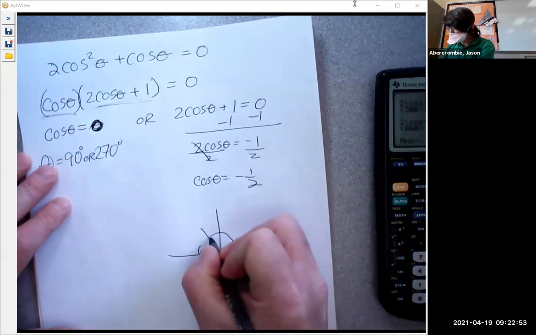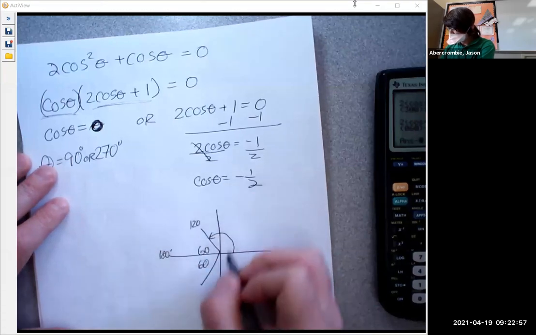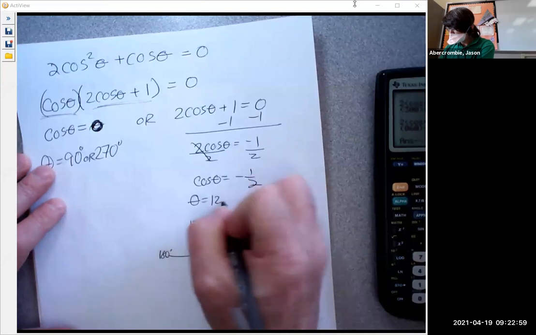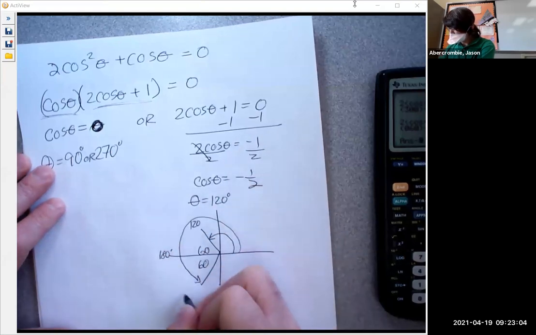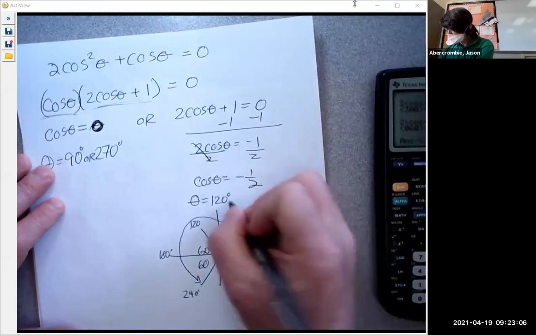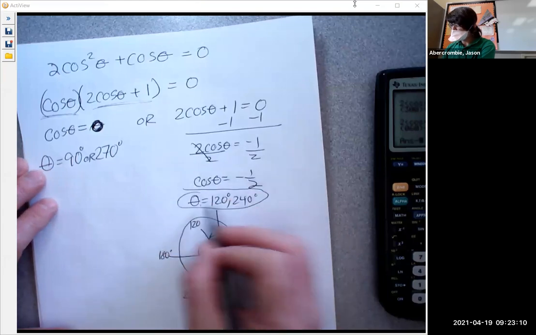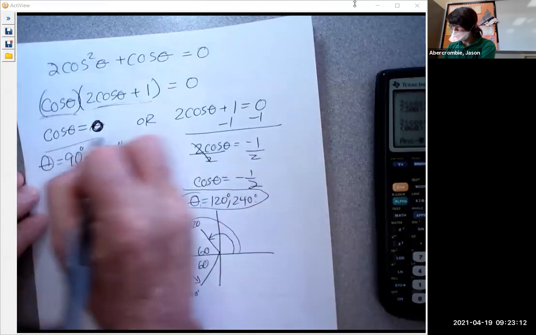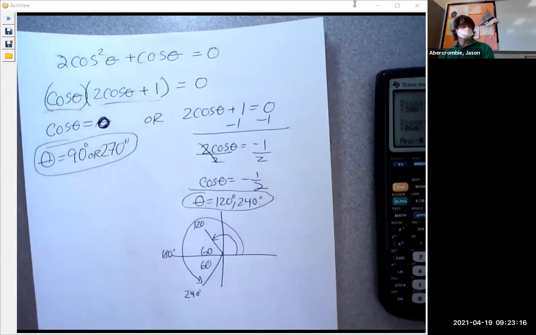So we're going to have that one, 120, and then also this one at 240. So this time we've got 4 answers again: 120, 240, 90, or 270. All 4 of those should satisfy this equation up top.